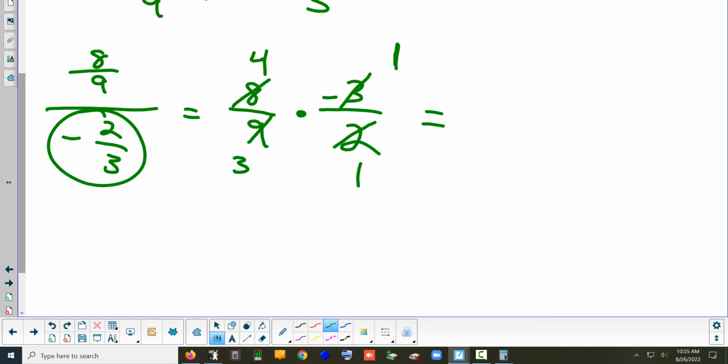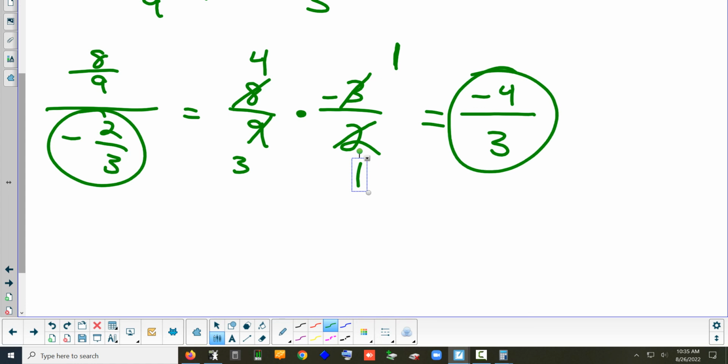Yeah. -4. And in the bottom, you're left with a 3 times 1. What's 3 times 1? Yes. Okay. 3. Good. And that's your answer. -4/3.